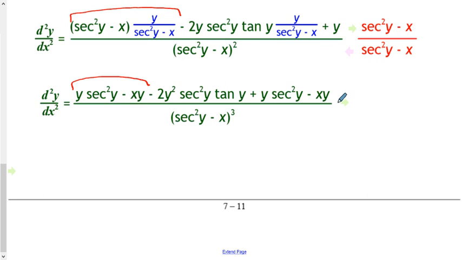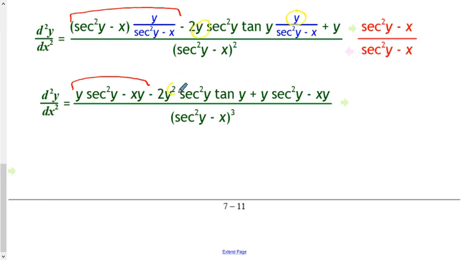And then let's do yellow for this second part. When I multiply this in, it's going to cancel out with this, but I'll still have this y. So this y needs to be multiplied into this whole thing, and so I'm going to multiply it to this y, and that's why we get a y squared here.